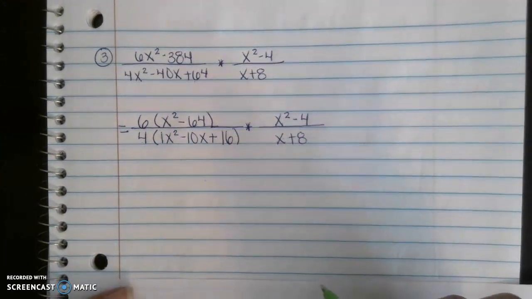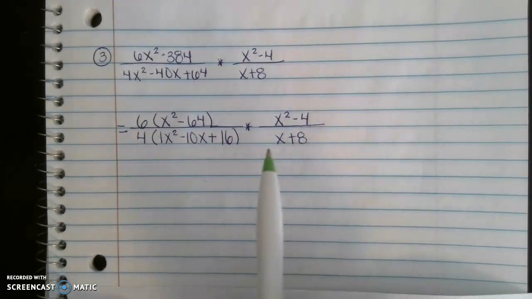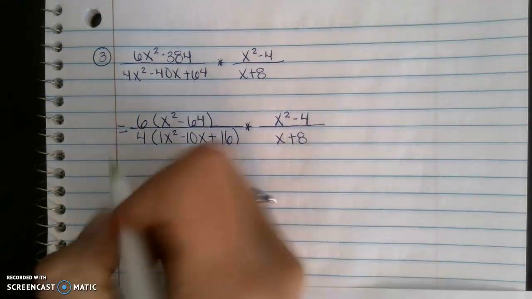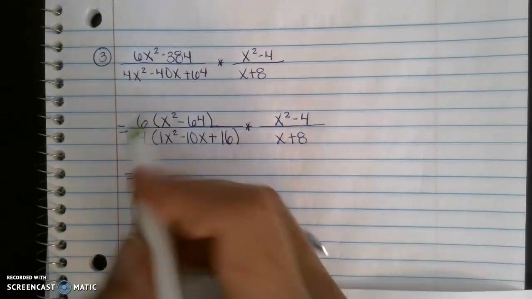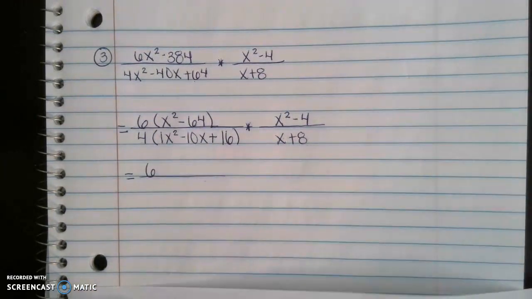All right, now I'm going to go through. It's easiest if you take this step by step, guys. Okay, so now I'm going to go through, can I factor anything? So we checked for a GCF. Now I'm going to go through and see, can I factor anything? So looking at this top part, 6 is going to stay the same, but let's take a look. X squared minus 64.